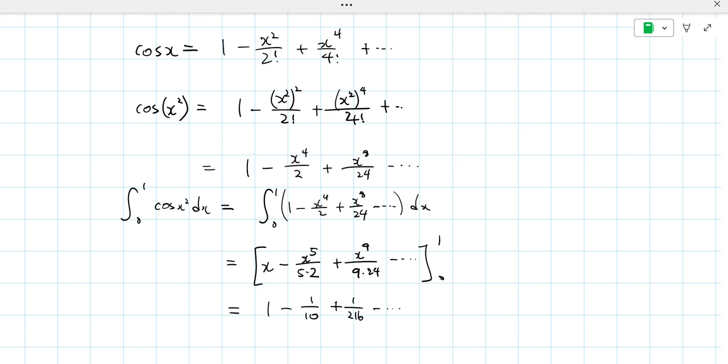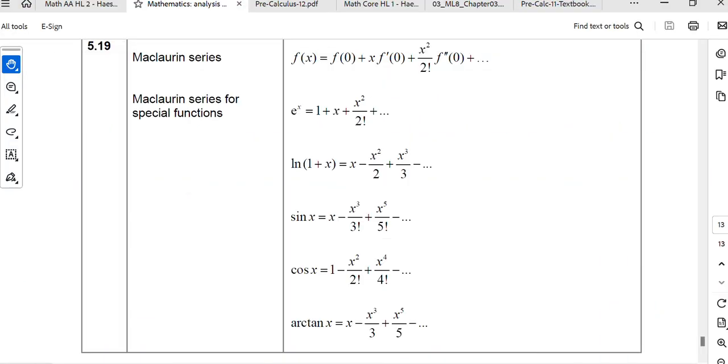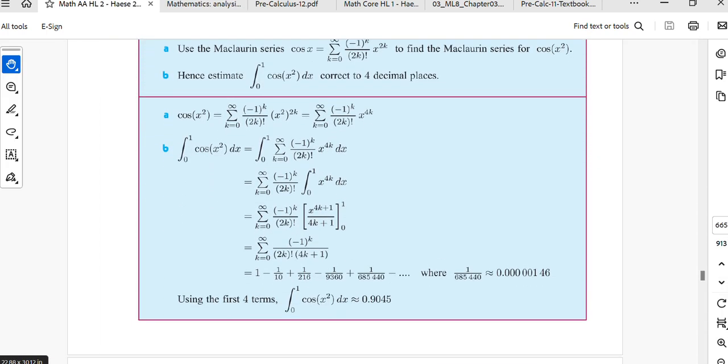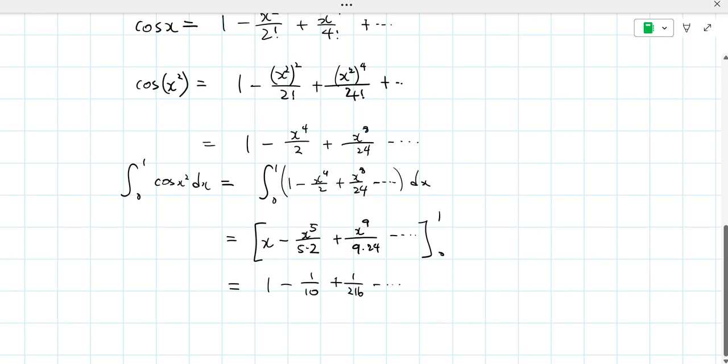And then let's compare that to 1 minus 1 divided by 10 plus 1 divided by 216. Probably got a similar result, hopefully. According to my work, 0.904905.